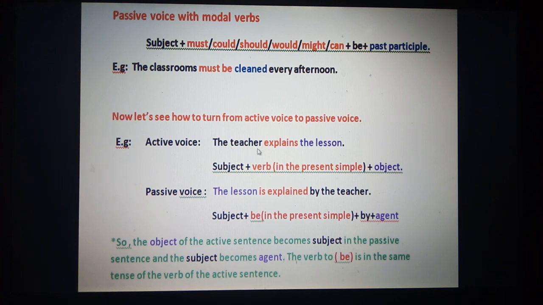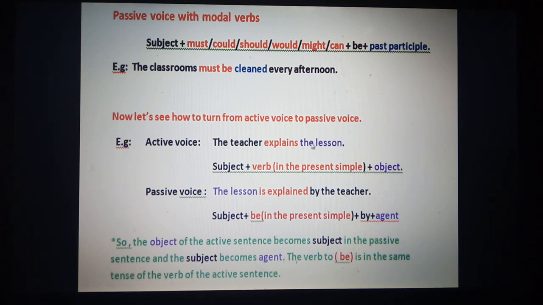You've got the teacher, the subject, the verb explains, third person singular, present simple, and the lesson is the object of the sentence. We turn this sentence into the passive. We say the lesson is explained by the teacher.